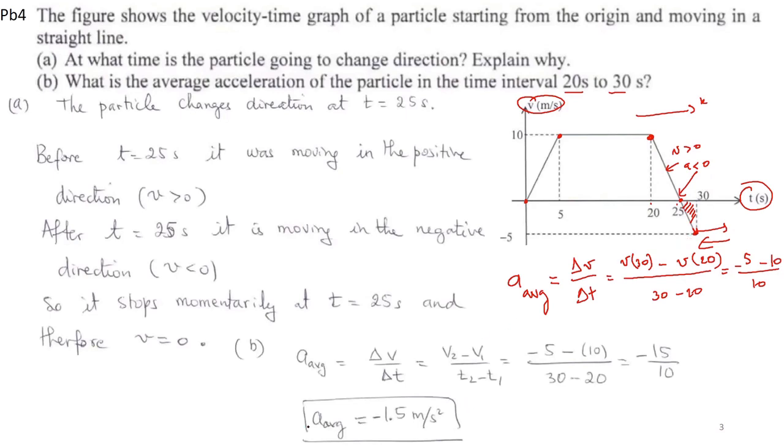So my instantaneous acceleration is equal to my average acceleration, because it's constant. But I'm talking between 20 and 30, right? When I'm between 5 and 20, what is my acceleration? 0, because the slope is zero. I will come back to this in just a second, because acceleration is the derivative of velocity with respect to time.